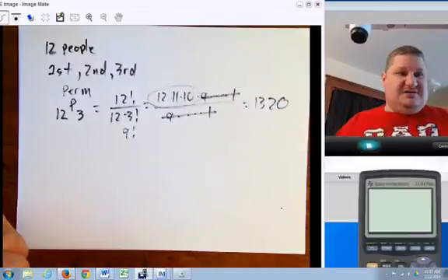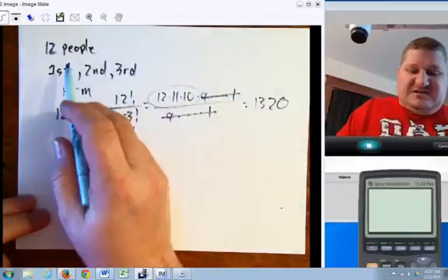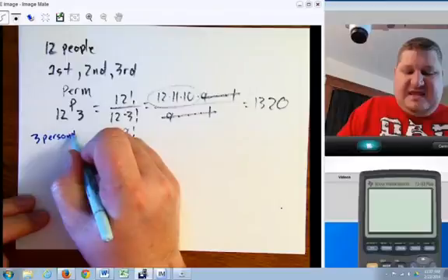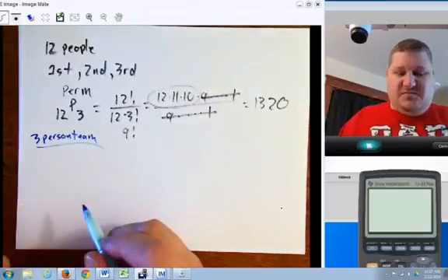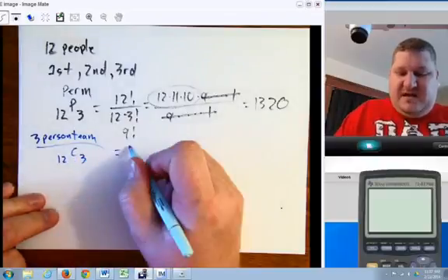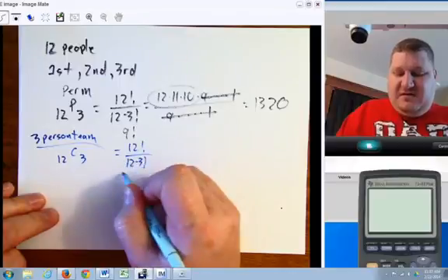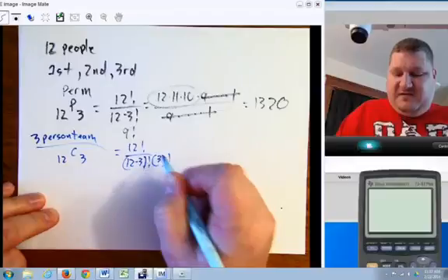1320 options. Now, if I just said I want a 3-person team, that means the order doesn't matter. First, second, third place. It's still out of 12 people, so it's 12 choose 3. That's going to be 12 factorial over 12 minus 3 factorial, 3 factorial.